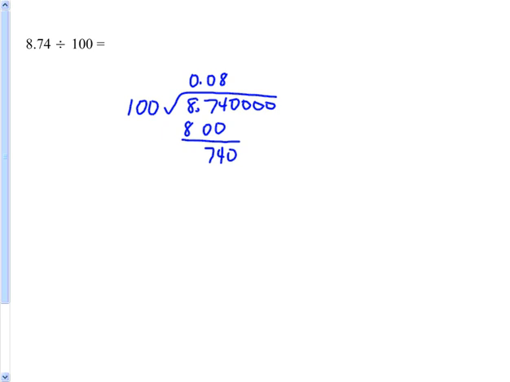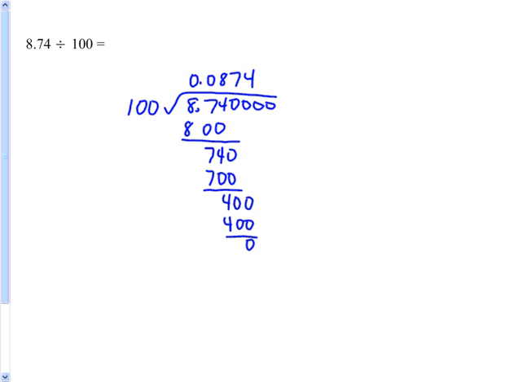Well, it goes in 7 times. That will give me 7 times 100 is 700. That'll leave me with 40. Bring down the 0. How many times does 100 go into 400? Well, it goes in 4 times, which leaves me with nothing. And so I'm all done. There's no remainder or we run out of numbers other than 0, so I'm done.